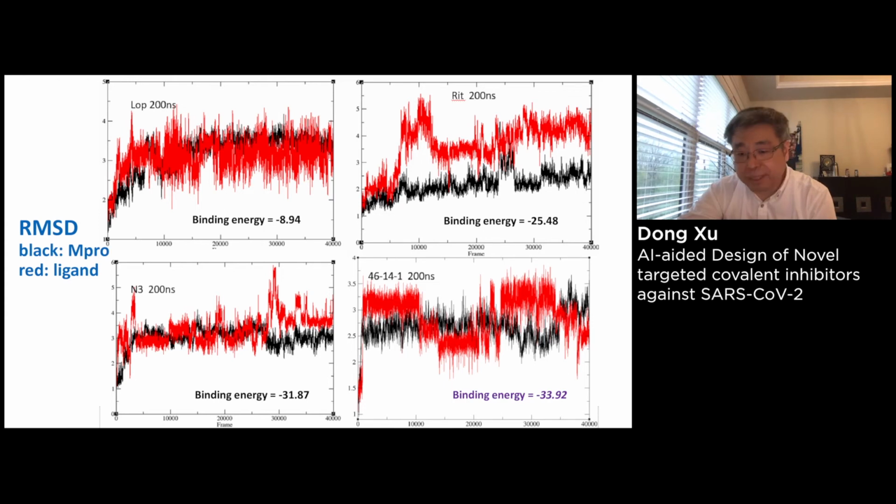But ours has even stronger binding energy than N3. And also, if you look at the RMSD, the so-called conformation fluctuation, ours changes in a relatively narrow range, even without a bond interaction. That means our binding is more robust.